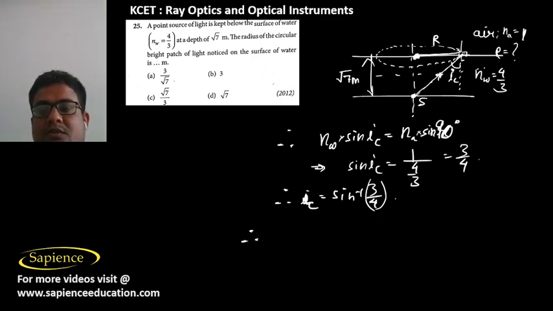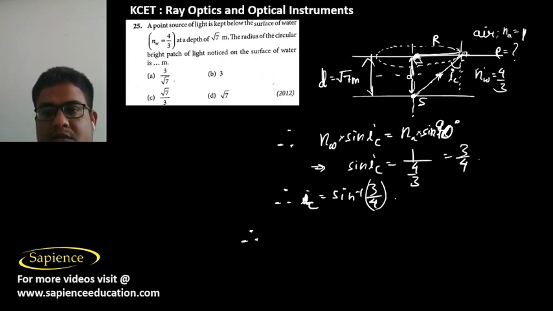Now from here, this radius R and this depth, let me call it d, suppose. So this is also d.